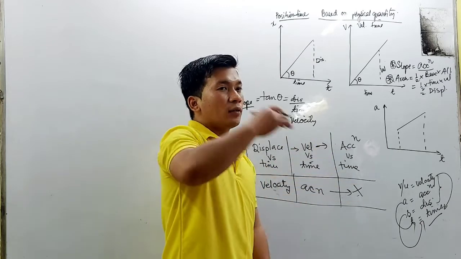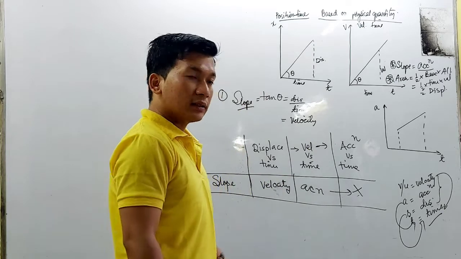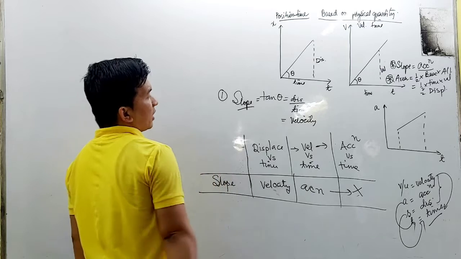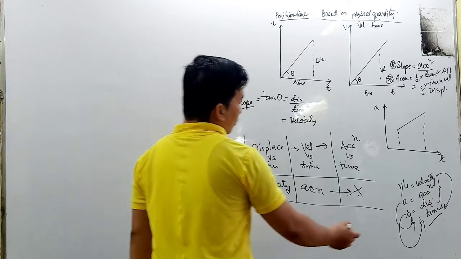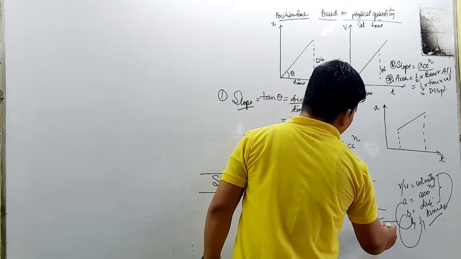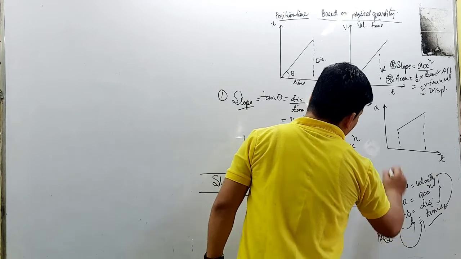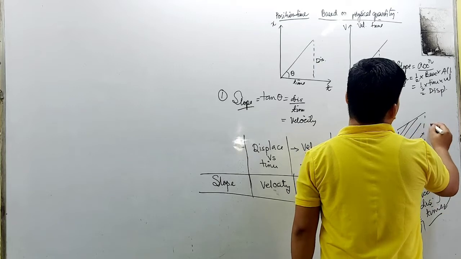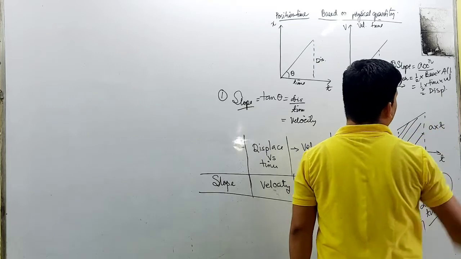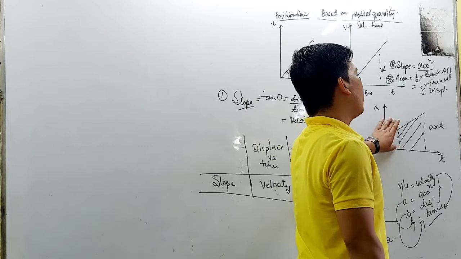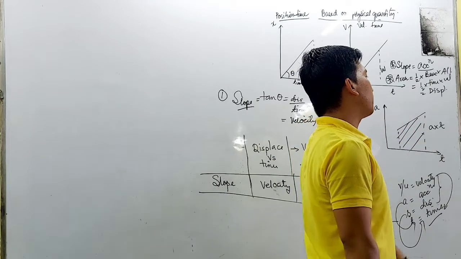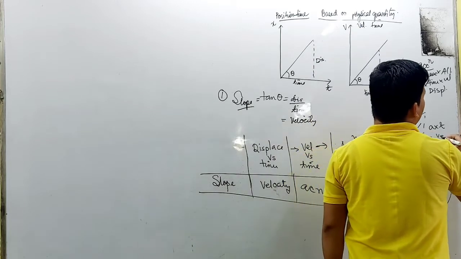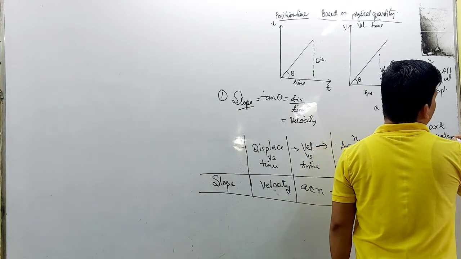Next is the area, which is the reverse of the slope. If we have to consider the area under the acceleration time graph, it is simple: we have length multiplied by breadth, that is acceleration into time, which is the change in velocity.